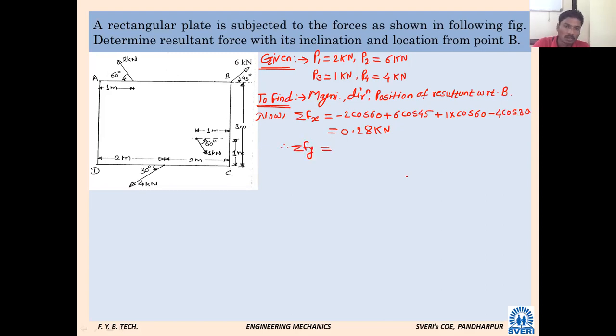Summation of Y: 2 sin 60, plus 6 sin 45, minus 1 sin 60, minus 4 sin 30.